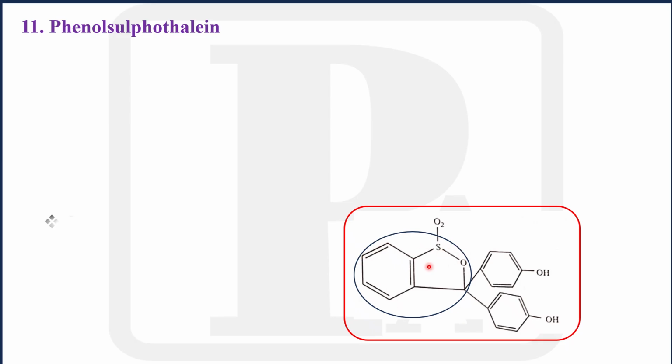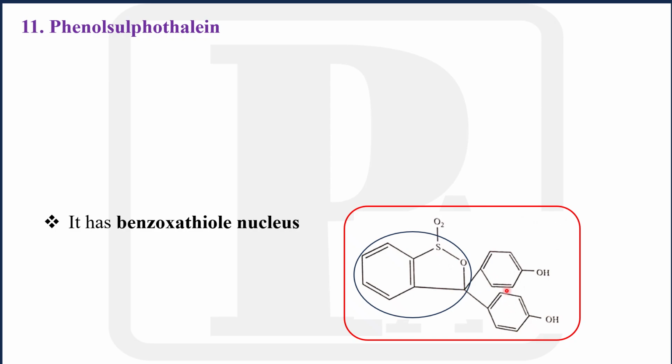So what is the nucleus present? That is the benzoxathiol nucleus. And that sulfur is connected to oxygens. That's why it is called dioxo benzoxathiol. So what would be the numbering? This is number 1, 2, 3, 4, 5, 6, and this corner is 7. So that 7th position is connected to 2-para-hydroxyphenyl.